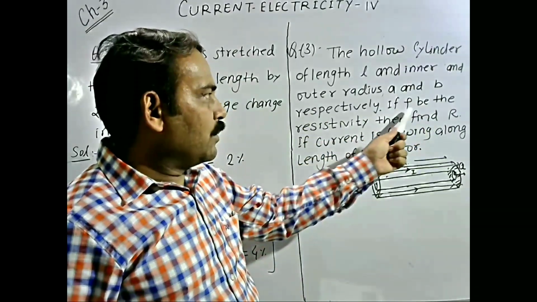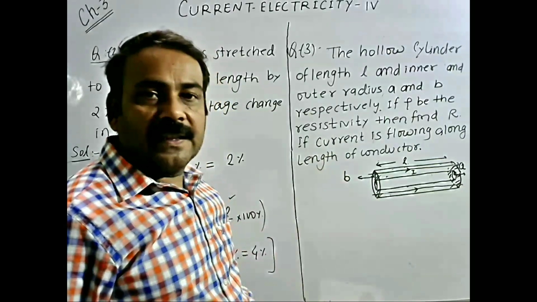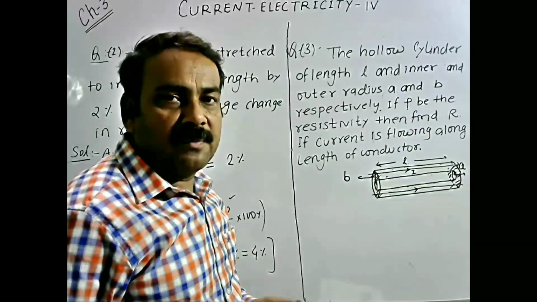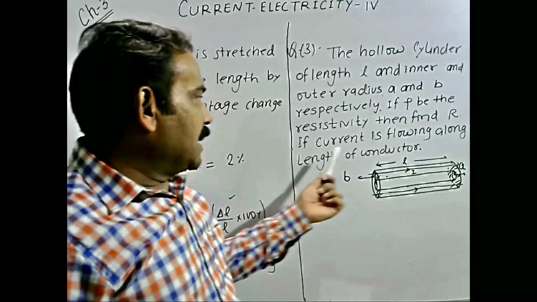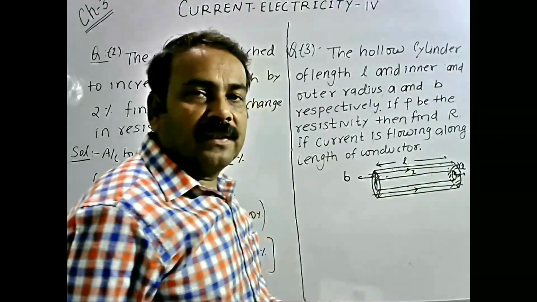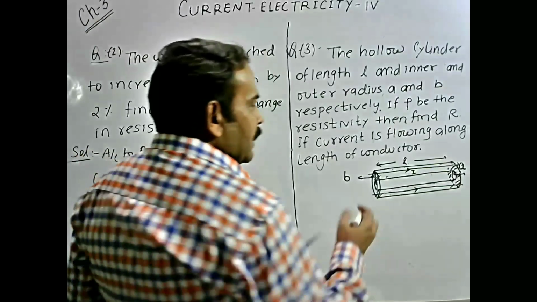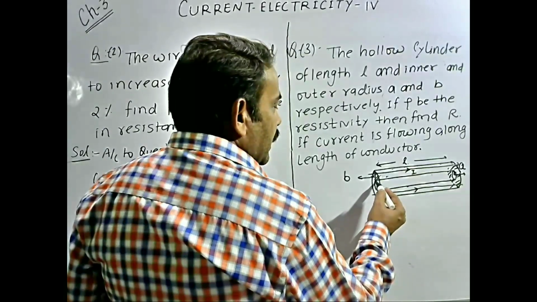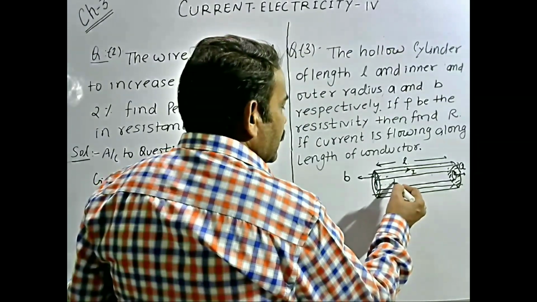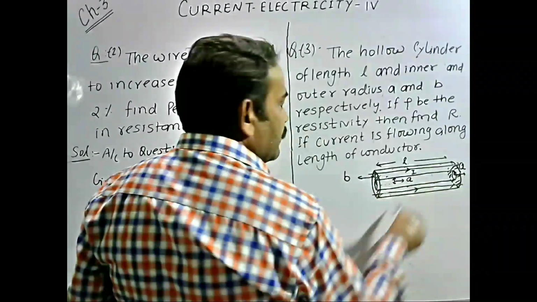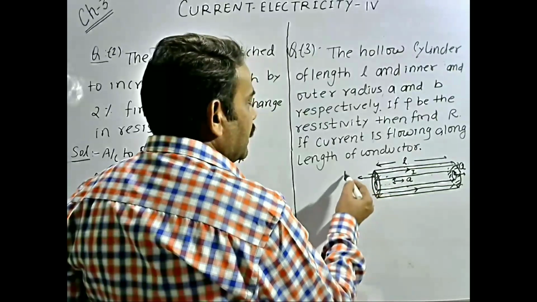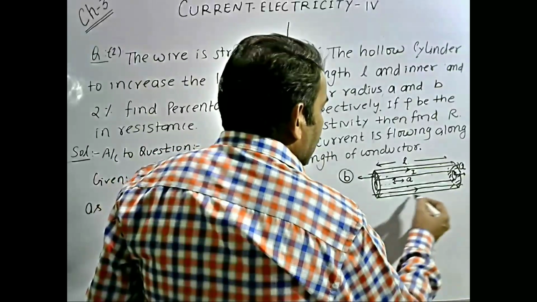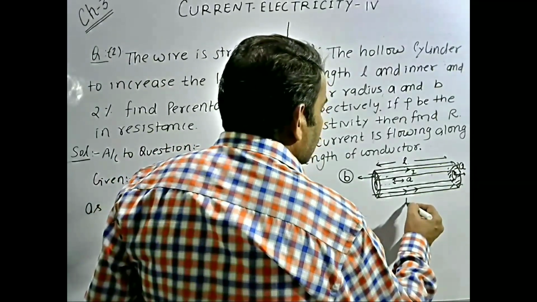If rho is the resistivity of the material of this cylinder, then find R, means resistance, if current is flowing along the length of the conductor. Here the inner radius is small a and the radius of the outer cylinder is small b, and the current flows along the length like this, in this direction.